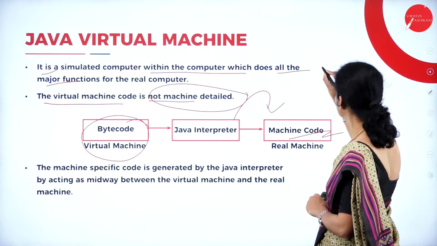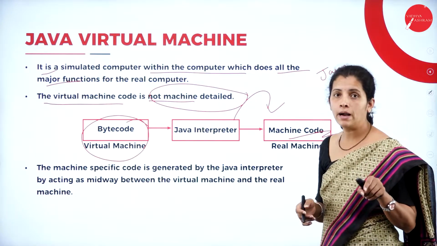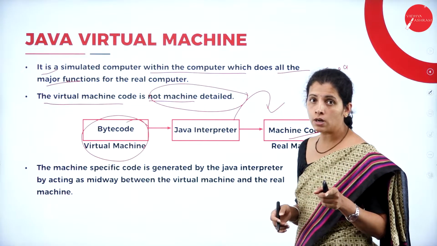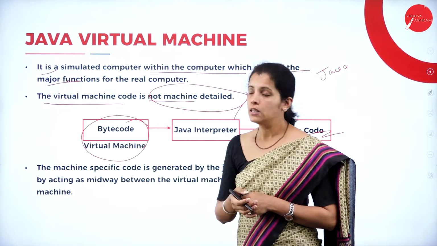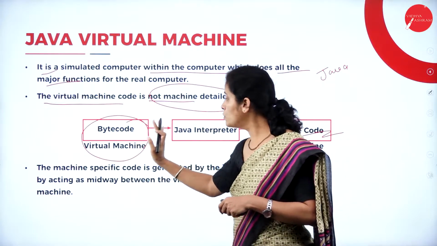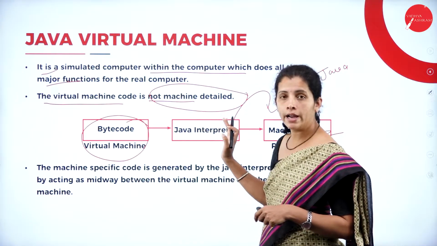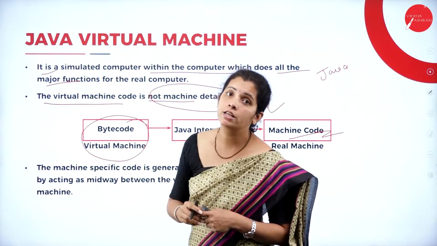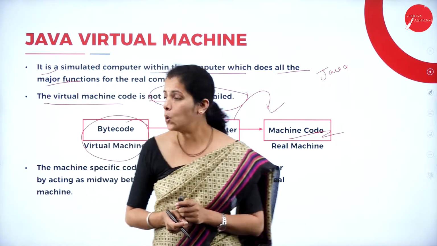Now, if I consider a Java program, I have the Java compiler. The Java compiler generates bytecode, and that is the input to the virtual machine. After this virtual machine, whatever output I get is the input to the Java interpreter, and the Java interpreter generates executable code, which is called machine code.